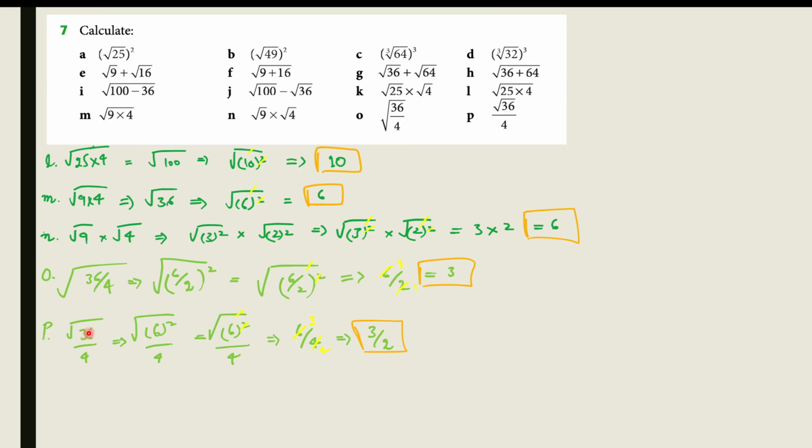Here this 36 written as 6 square, the square gets cancelled with the root and we are left with 6 over 4. If we further simplify it, 2 multiplied by 2 is equal to 4 and 2 multiplied by 3 is equal to 6. Our final answer is 3 divided by 2, or 3 over 2.